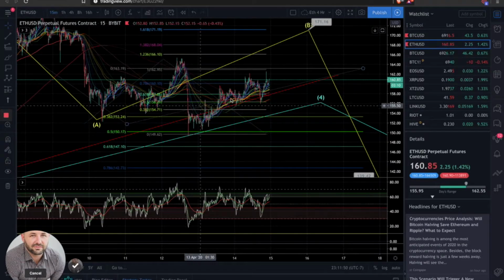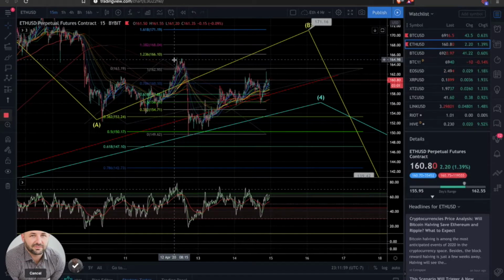Like I said, we've had some little pumps up, again, a lot of corrective nature, so we do have a 3-wave move here, and that would be an ABC for a flat.